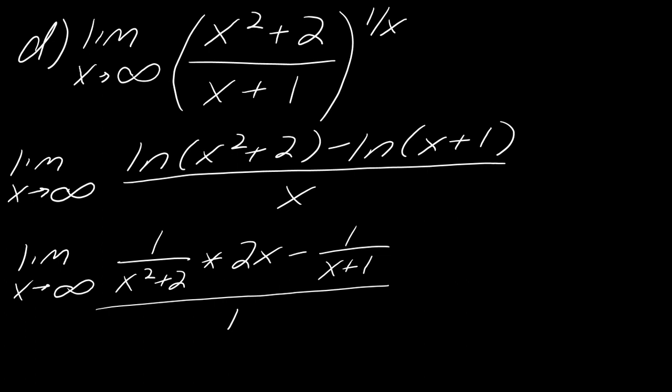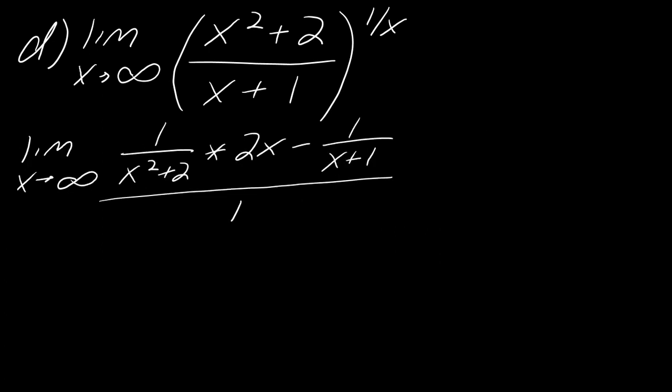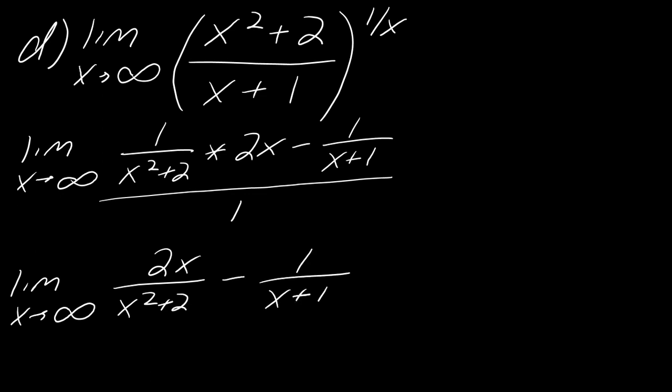And so now I can see what I'm really left with here is 2x over x squared plus 2 minus 1 over x plus 1.